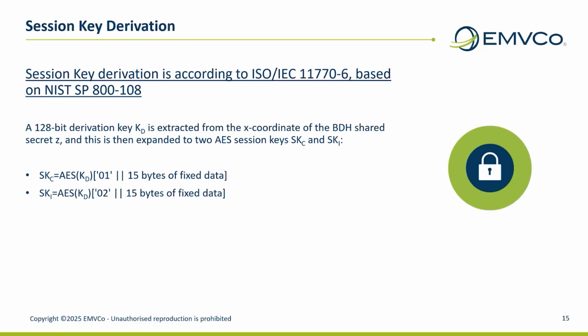Each Kernel 8 session key is then derived by applying AES with the derivation key KD to derivation data, where the derivation data varies depending on whether the derived session key is to be used for encryption or authentication. This functionality is already included in the standard Java Card API.